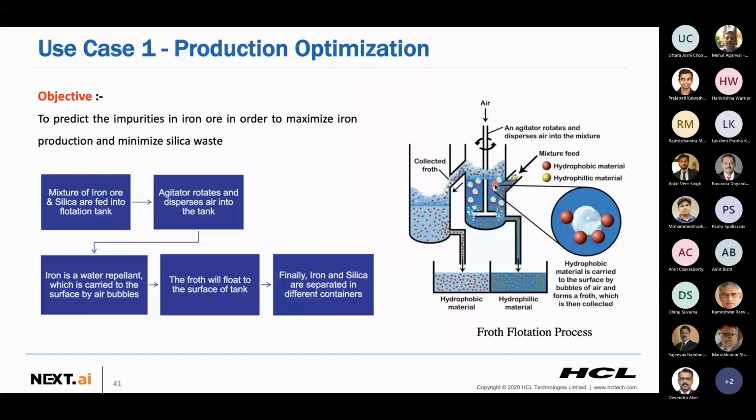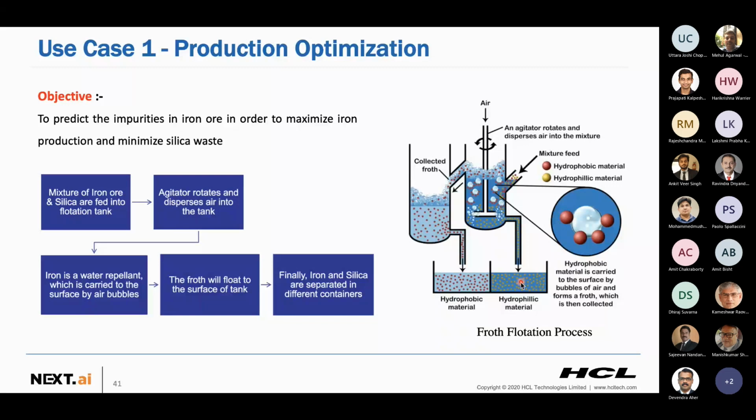Here you can see the air bubble carrying the iron to the top. Later the froth floats to the surface of the tank and gets collected in a separate tank. Finally, we can see the separation of iron and silica in two separate containers, which is the end output of a froth flotation process.